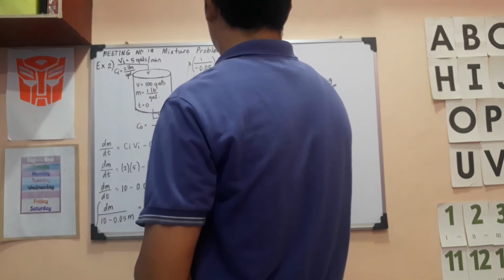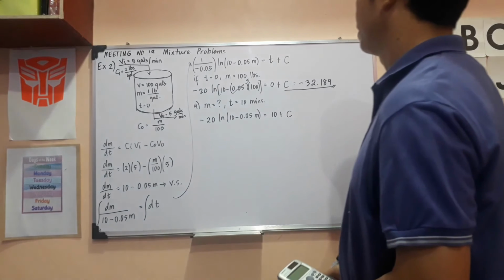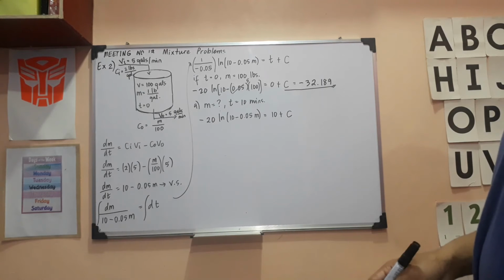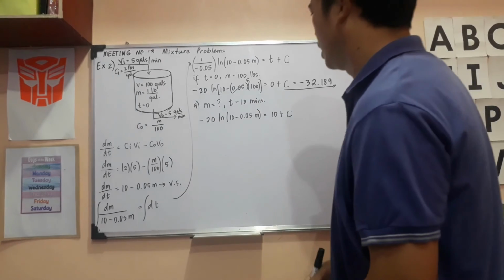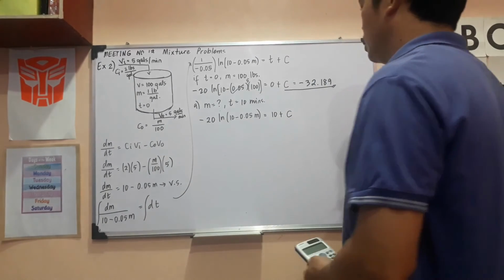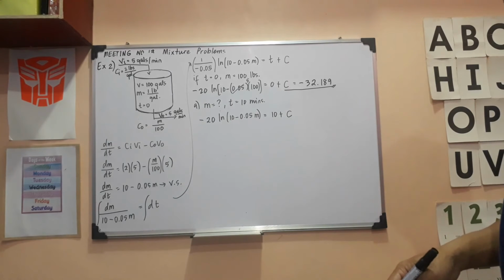So, negative 20. Paano natin masosolve yan? Yung M. So, negative 20 ln of 0.05 of M. So, solve for M. Ano? Pause ko muna.